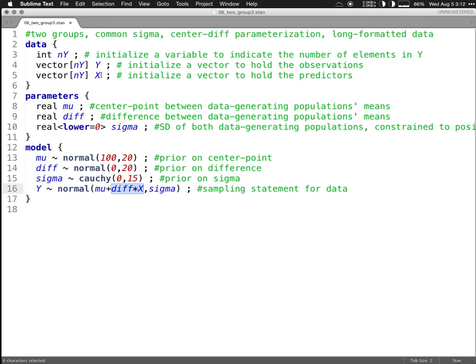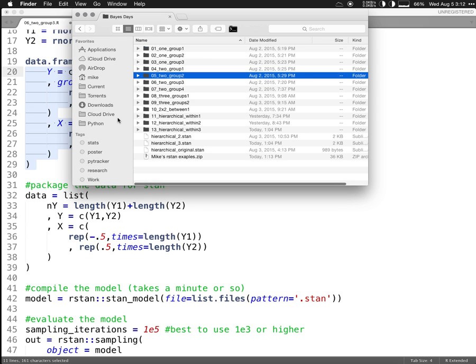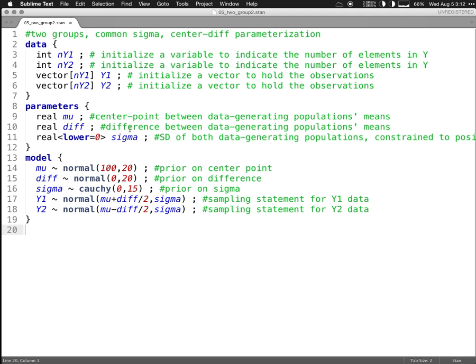Because x is just a vector of 0.5s and -0.5s corresponding to what condition each one is in, that works out to the same as what we had before, where for all the y1s we said plus diff divided by 2, and all the y2s we said minus diff divided by 2.